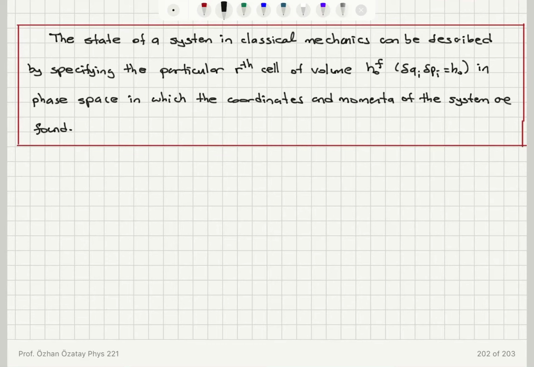So in a sense, the classical description is similar to the quantum description.